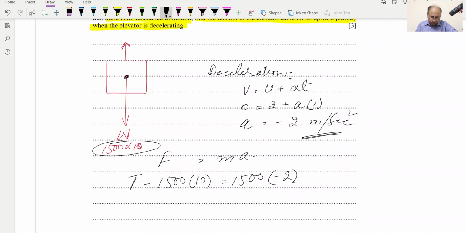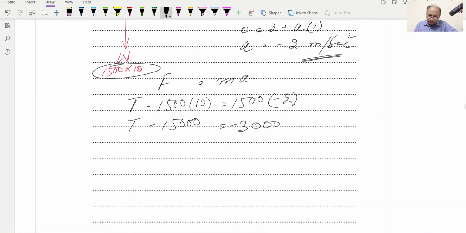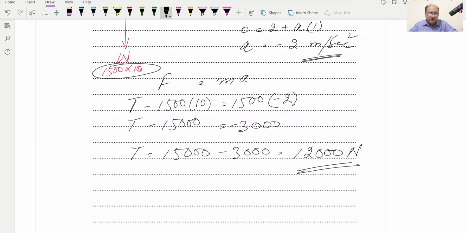So T minus 15,000 is equal to minus 3,000, and T will be equal to 15,000 minus 3,000, which is 12,000. This 12,000 Newton will be the tension in the string, which is upward. Hopefully you understood this.